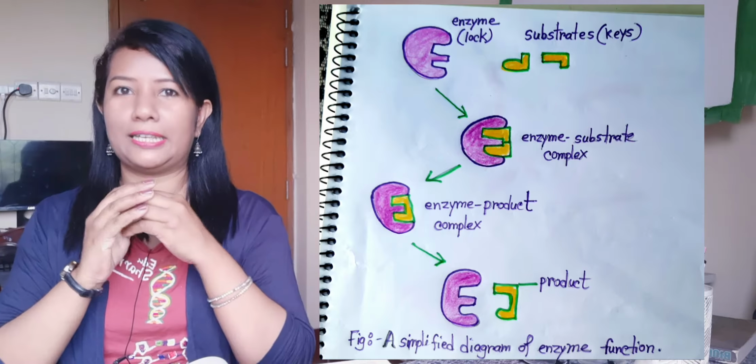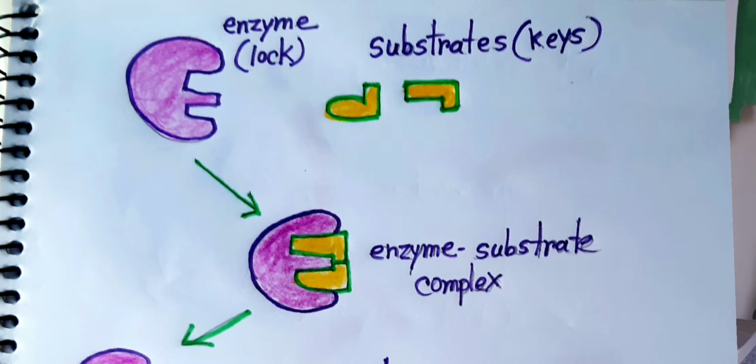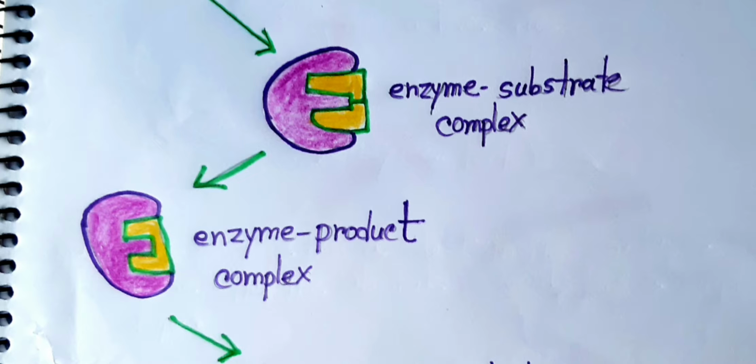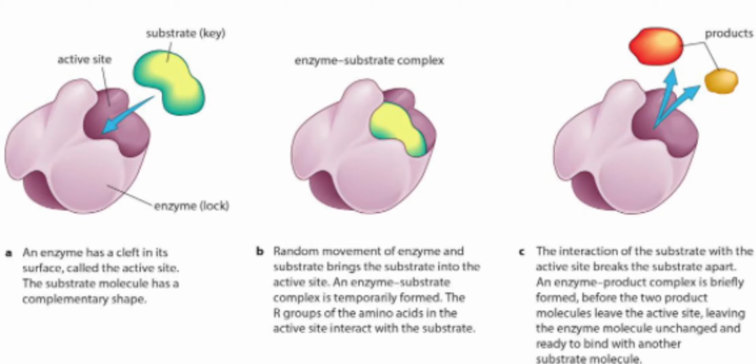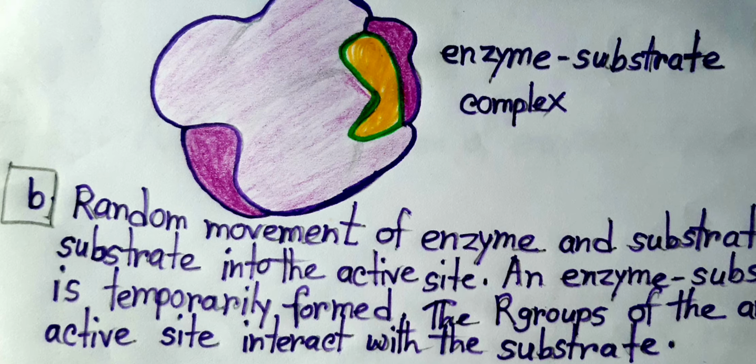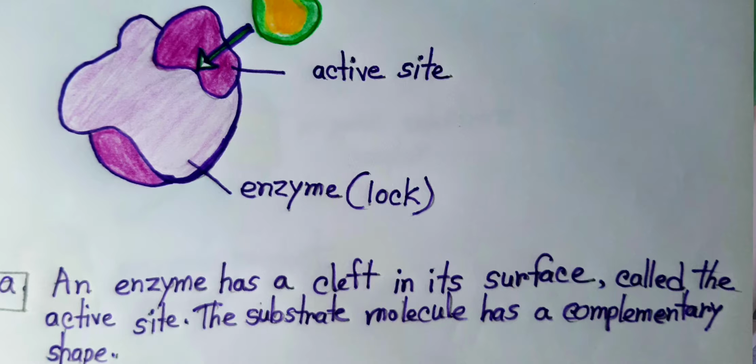The enzyme-substrate complex brings about the necessary reaction, converting the substrate molecule into a product molecule. Upon binding, the product molecule separates, leaving the enzyme molecule unchanged, free to combine again.